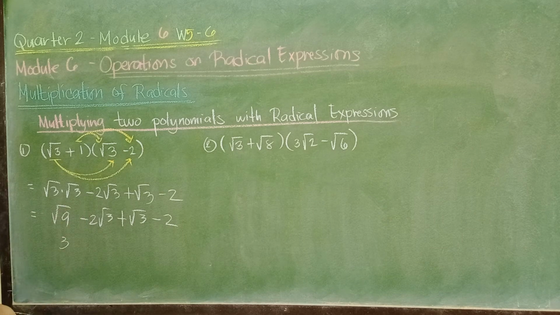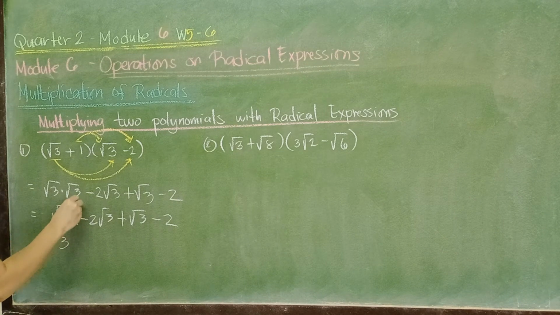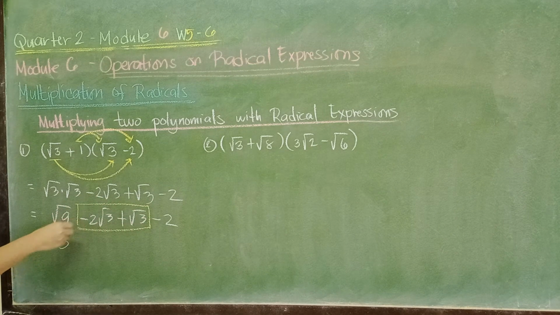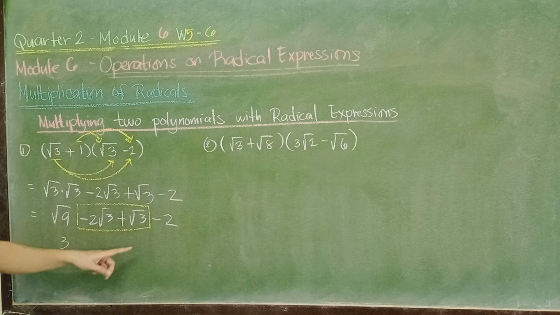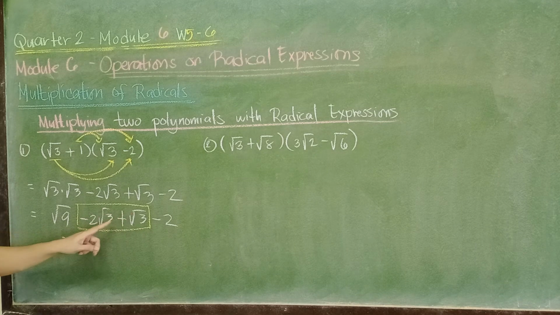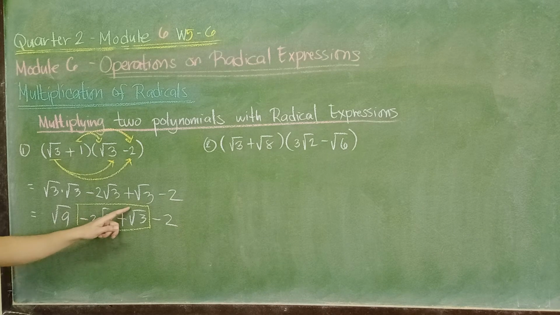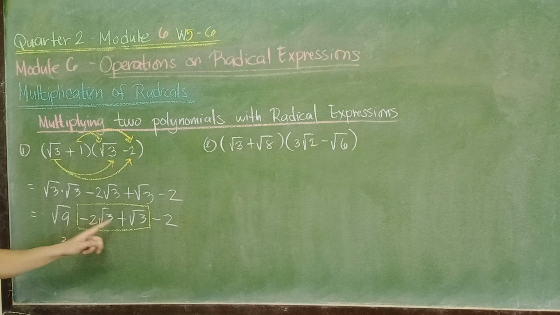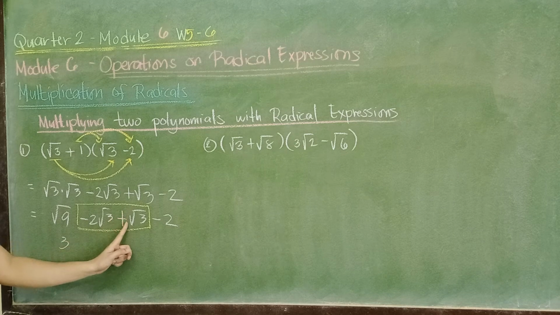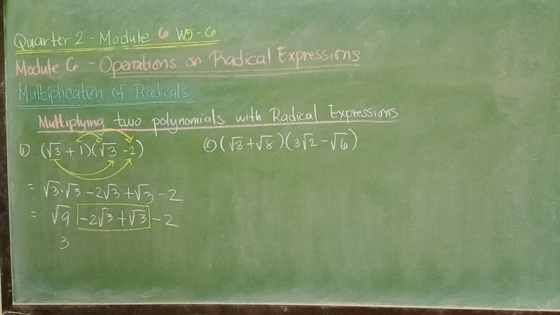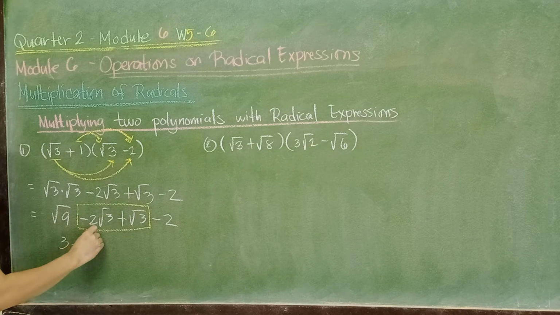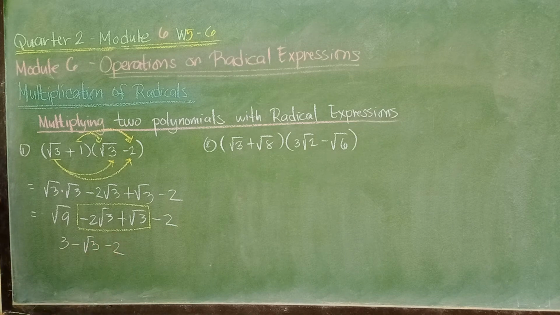And then this part, since similar sila kasi para sila ng index, para sila ng radicand. Therefore, pwede mo i-simplify yung numerical coefficient nila. So you have negative 2 at saka yung dito hindi nakalagay na numerical coefficient, therefore this is 1. So you have negative 2 plus 1, that is negative 1 square root of 3 minus 2.